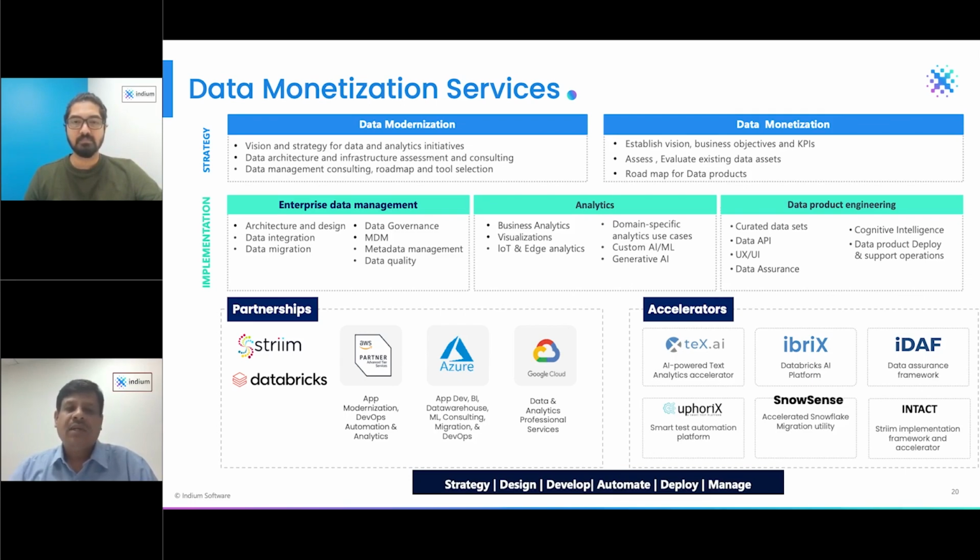iBricks is an accelerator built around Databricks for any Databricks-related implementations or migrations. SnowSense is specific to Snowflake, helping with migration into Snowflake.